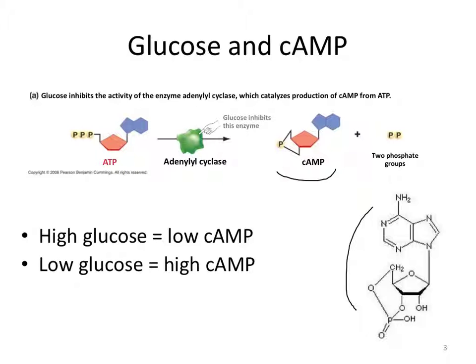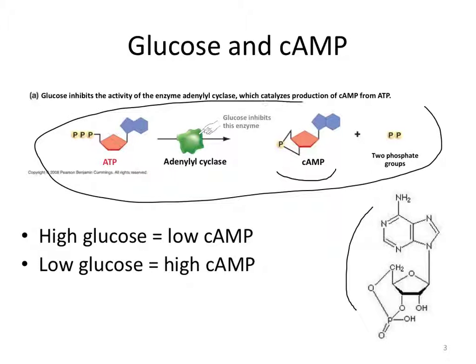Cyclic AMP is made from ATP, and the synthesis pathway is shown up here in this top portion of the figure. It is a chemical reaction catalyzed by the enzyme adenylyl cyclase, also known as adenylate cyclase. They're two words for the same enzyme.